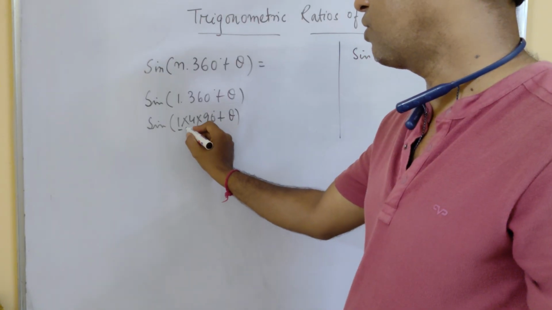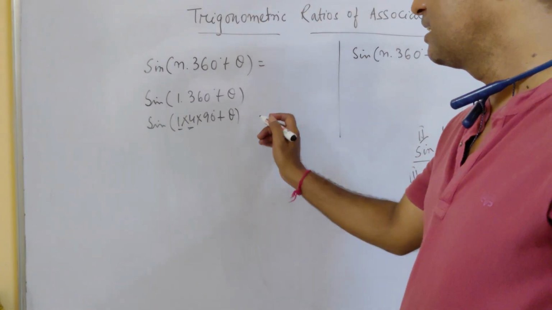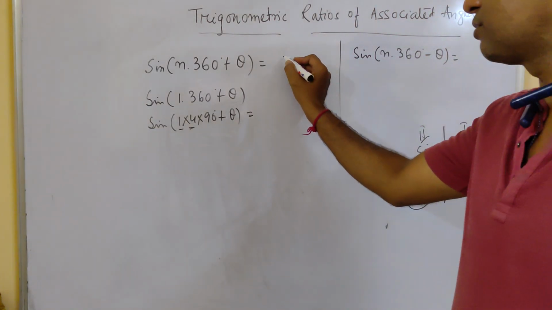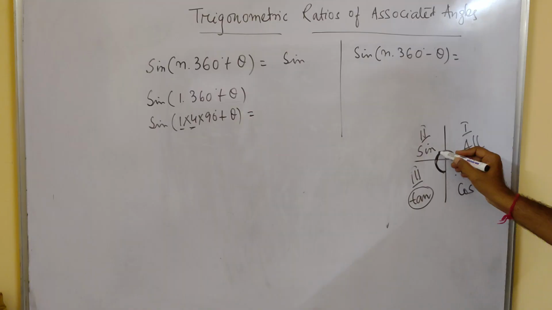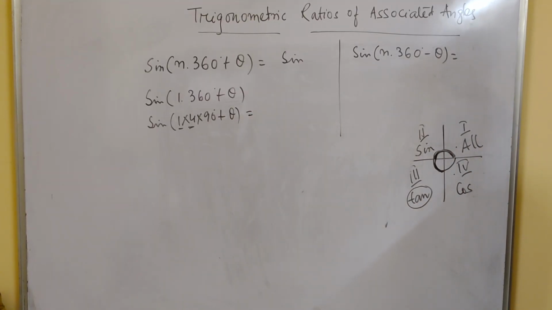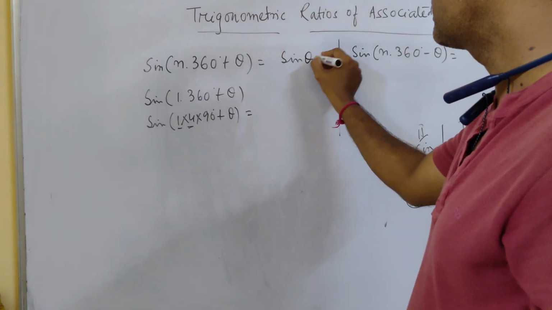So if it is an odd number multiplied with an even number, it becomes an even number. Then we may write here that sine remains sine. Now 360 plus theta means it lies in the first quadrant. In the first quadrant, all ratios are positive, so we may write here it is sin theta.